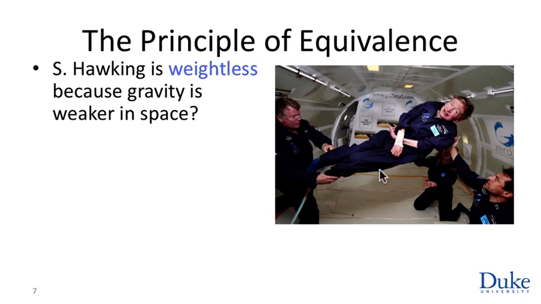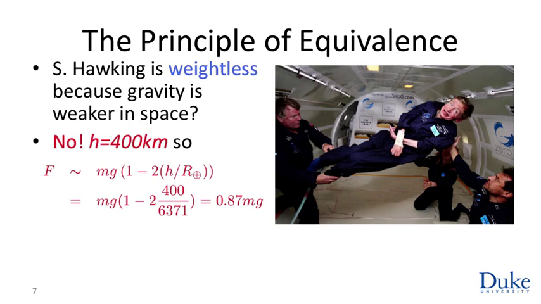Here we see Stephen Hawking weightless. No. The space station, as we have said, orbits at an altitude of about 400 kilometers, so we can compute the force of gravitation. We can compute the weight of an object, say myself or even Hawking, at an altitude of h above the Earth.